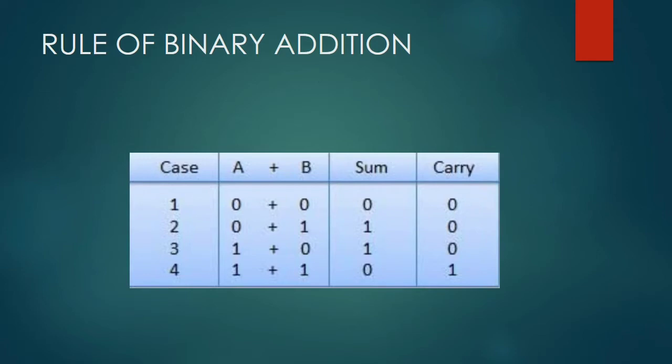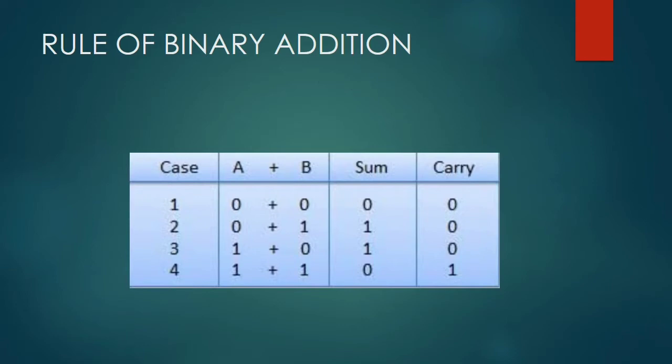The first three cases are simple, but in the fourth case, 1 plus 1 is 0 with 1 carry. A binary addition creates a sum of 1 plus 1 equal to 10. 0 is written in the given column and a carry of 1 is taken over to the next column.